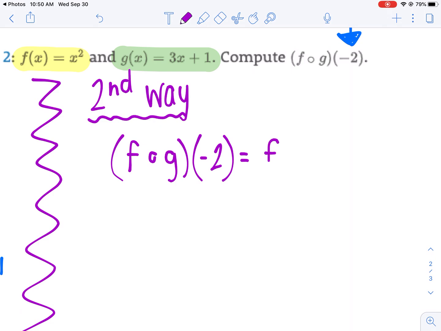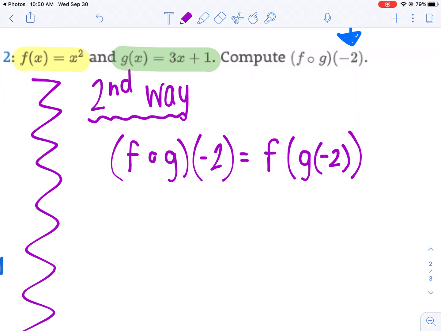Normally, we just write f of g of x. Right, I'm taking the g function, plugging it in. But this time, you're actually going to plug in the -2 to the g, then that outcome to the f. Really think of it like inside out. Work your way in, work your way out.